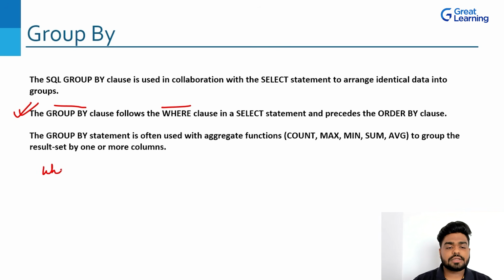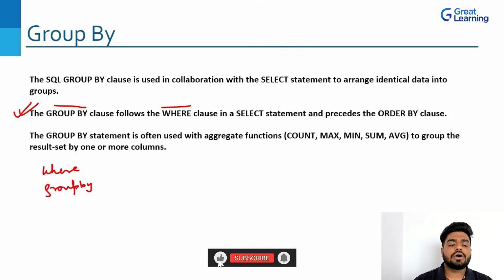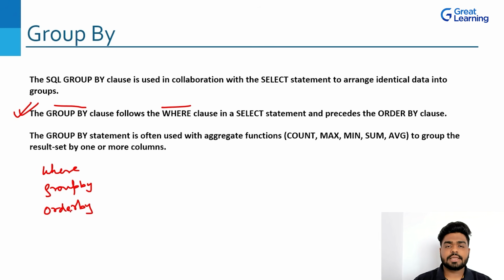That means the real sequence of order of these is this particular order. The group by clause follows the where clause in a select statement and precedes the order by clause, right? This is how you will actually arrange your query.